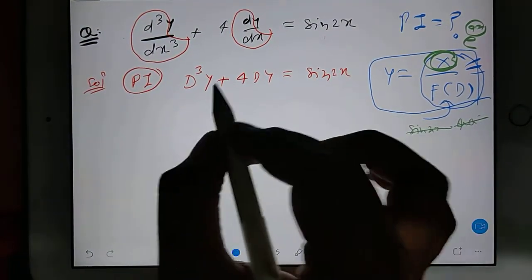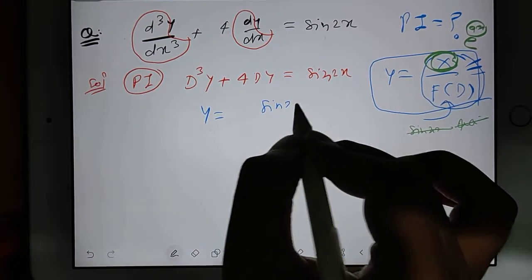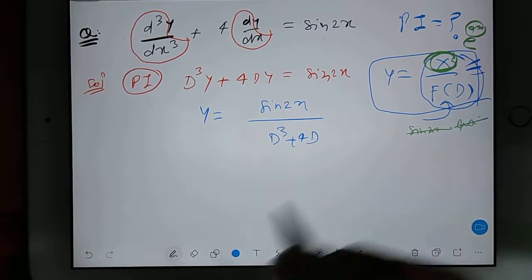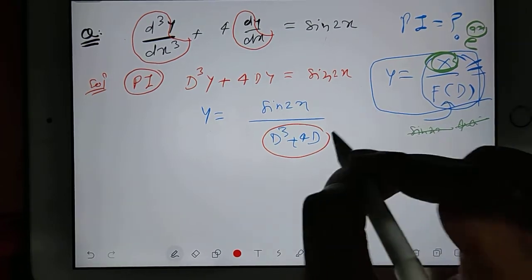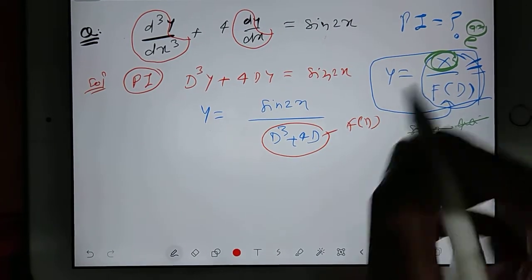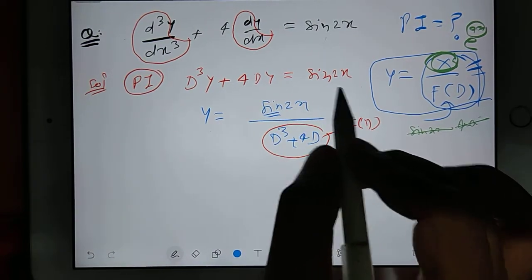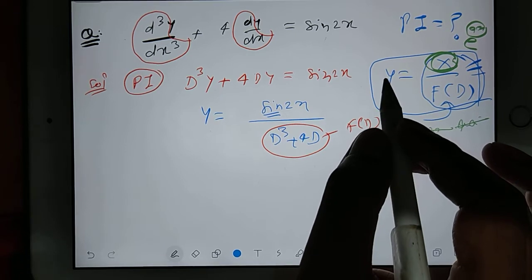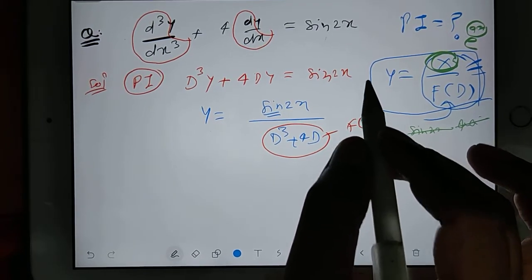Now this y, when you are taking common, then it will be like y is equal to sine 2x divided by D cube plus 4D. So this became your f(D). Okay, but the problem is whenever you are dealing with sine and cos, we don't deal in D. We deal especially in D square.